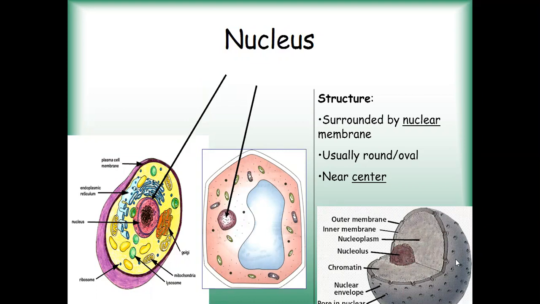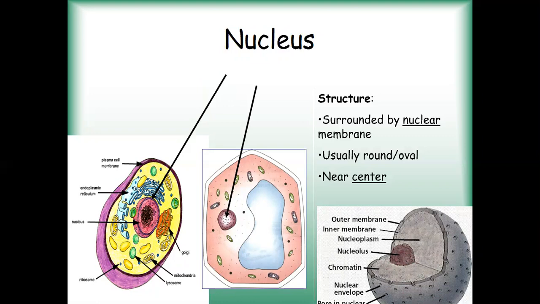This is a detailed view of the nucleus. As you can see, it has an outer membrane and an inner membrane. Each nucleus has a nucleoplasm, a fluid-like structure. Like how we have cytoplasm in the cell, likewise in the nucleus we have nucleoplasm.